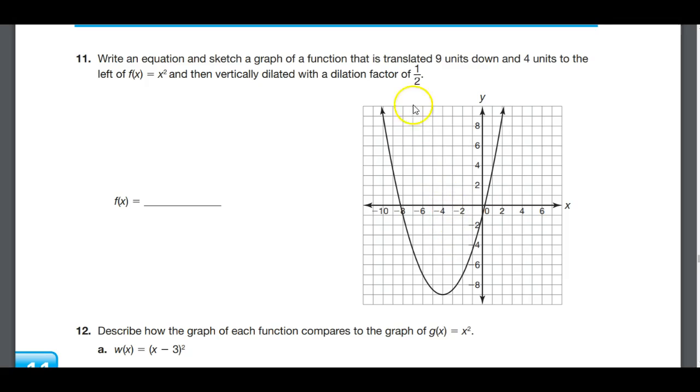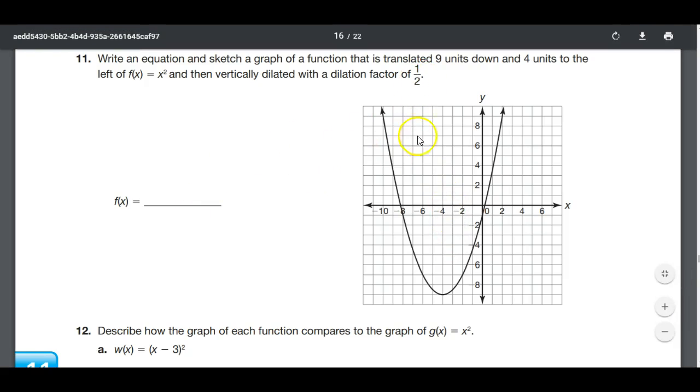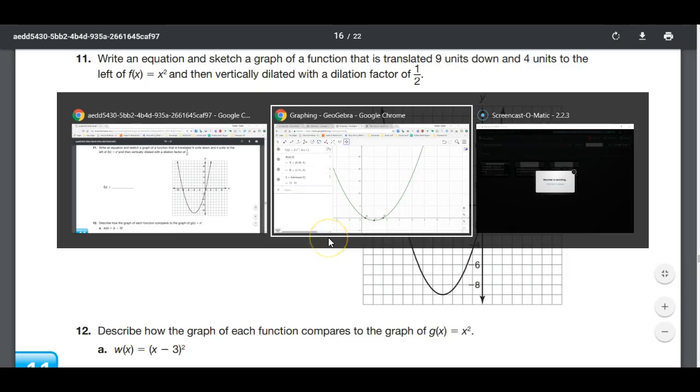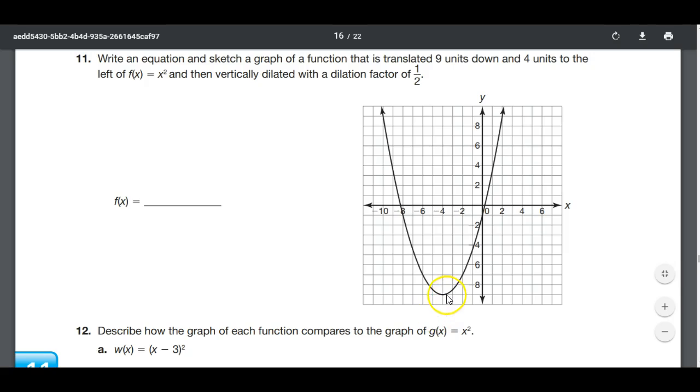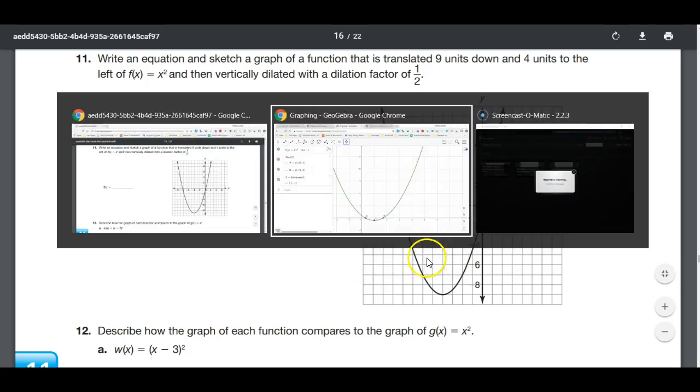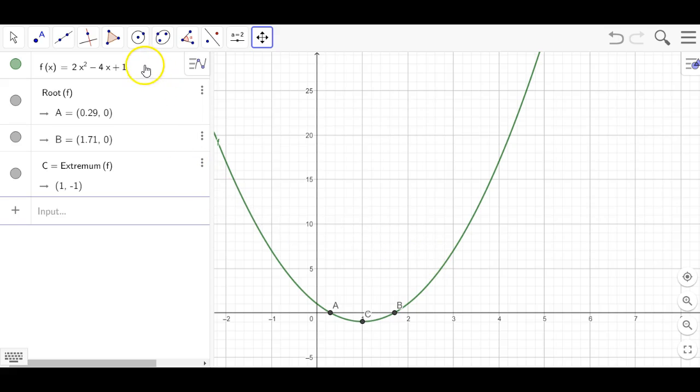So they want us to write the equation. We're going to have to make that 9 be 4.5. So then it will get, because this has not yet been dilated right here. This is just a parabola, so it's going to have a vertex right here at 4.5, but it's going to have the same exact zeros that it had before. So let's try putting this in here.